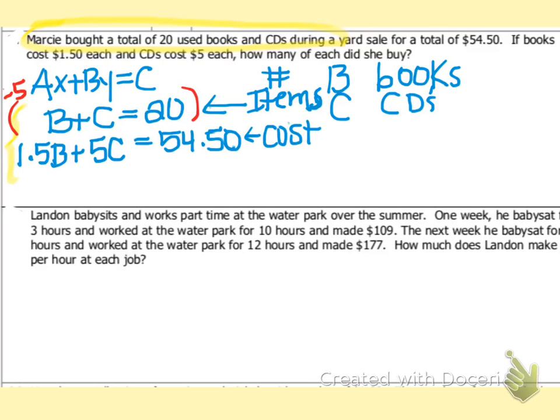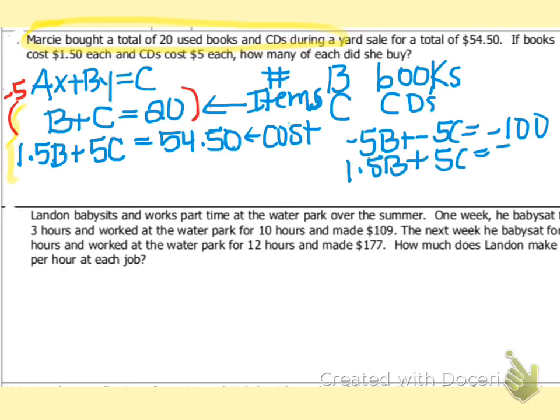Let me rewrite them over here. That first one would be -5b plus -5c equals -100. And then I have 1.5b plus 5c equals 54.50, or 5450 in cents. Now I could use my elimination method where I add the two together. These are going to cancel out my c's.